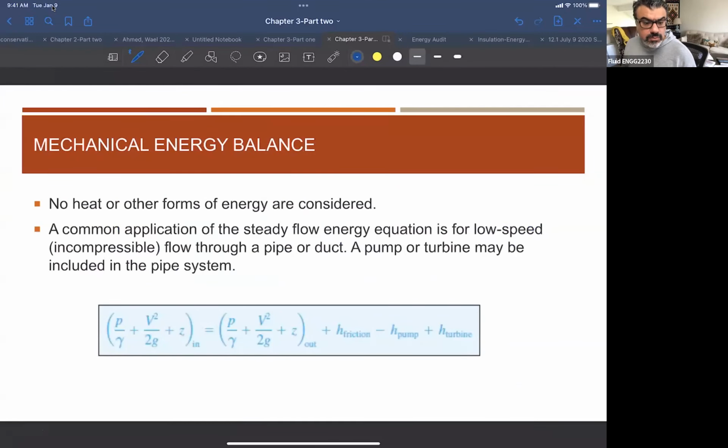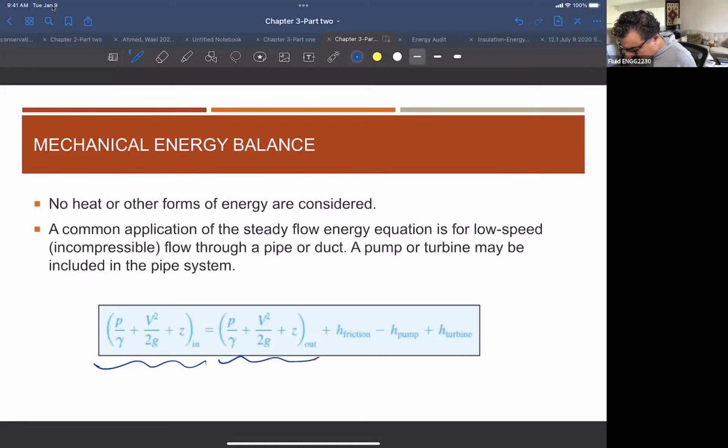I hope this is clear, and this is extremely important to your understanding of the subject of fluid flow. Now, if we have a system that doesn't have any heat losses, and it's steady state, but it might have other types of losses. So now the energy in and energy out, again per unit weight, is going to be basically what?